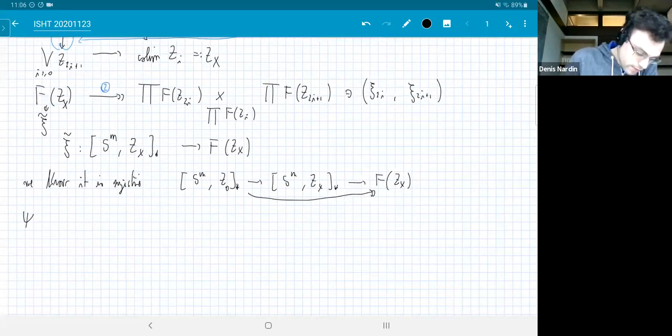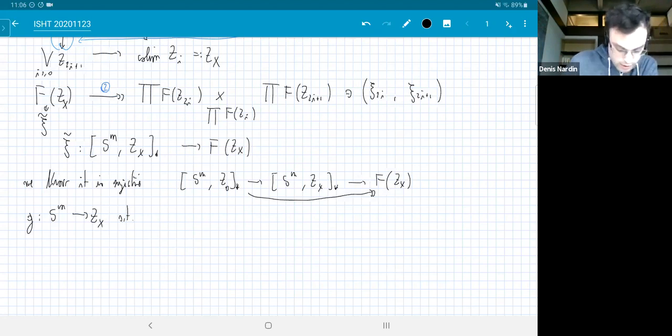So let's take G from Sm to Zx such that, okay, that's G prime, such that G upper star of xi tilde is the same as G prime upper star of xi tilde.